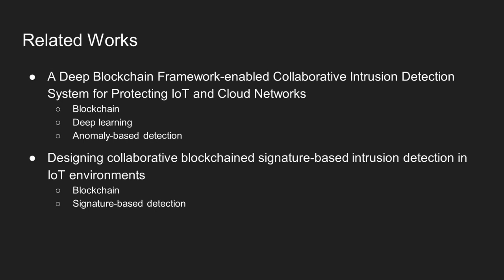So the distributed ledger of blockchain would be the signature-based database. That way, all of the nodes had the signature database in real time, and they could all develop it. And since it's immutable, no one could maliciously go in there and try to change what signatures should or shouldn't be trusted.